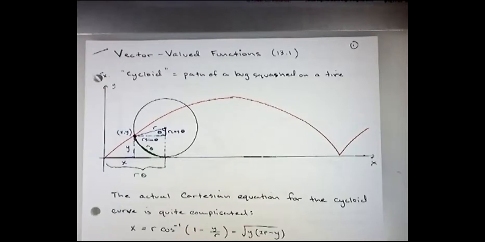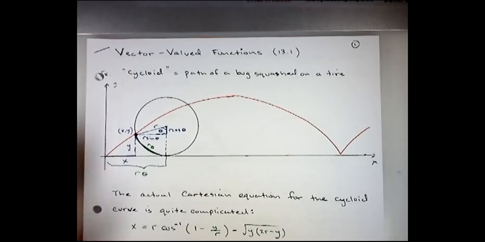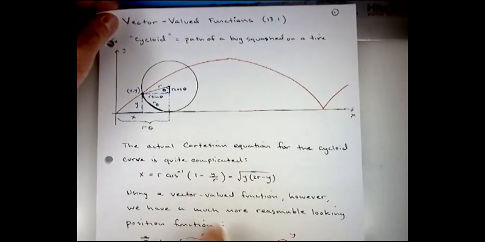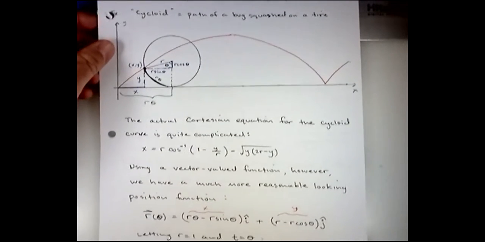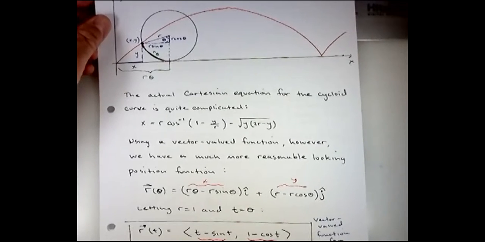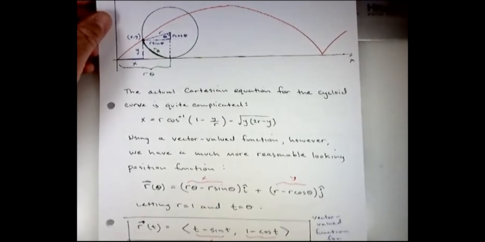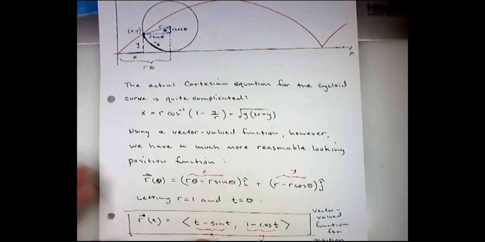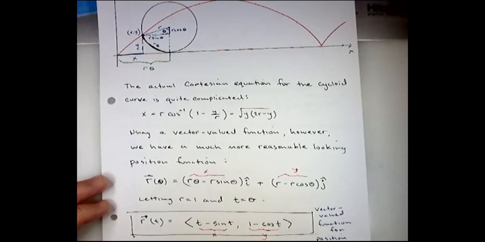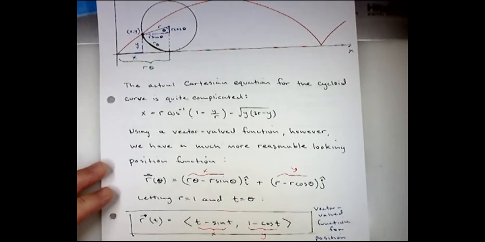Okay. So back to vector-valued functions. We saw that the actual Cartesian equation is pretty messy, but if we use a vector-valued function, we have a more reasonable way of writing a vector that will predict where that bug is at any moment in time.